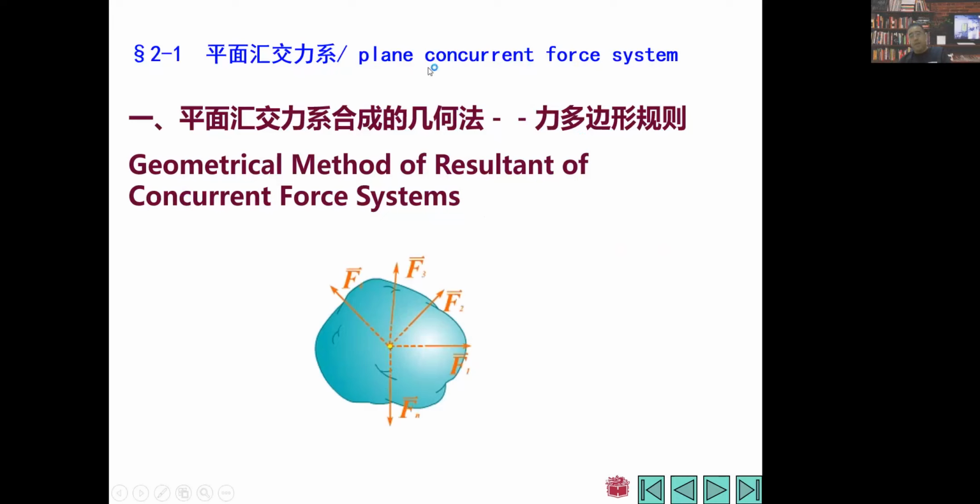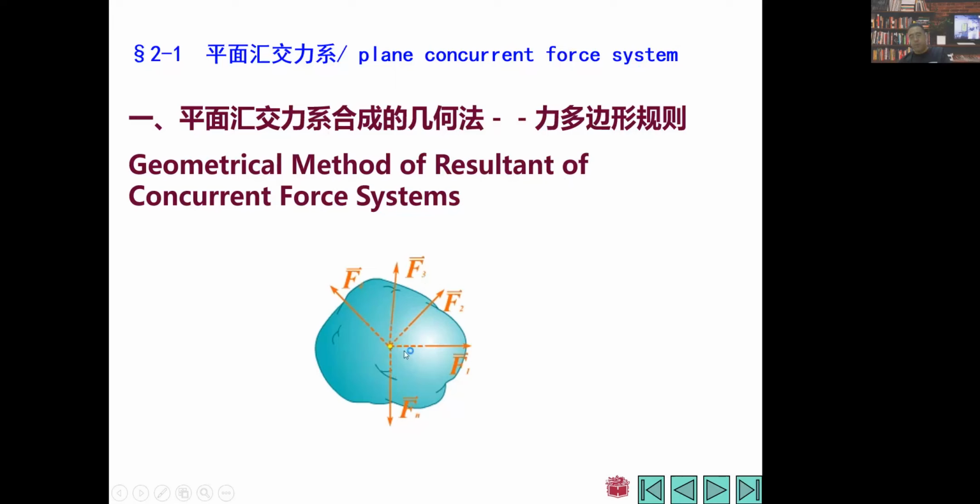That means we have a plane concurrent force system. A force system means we have a lot of forces, F1, F2, F3, up to Fn, right? A lot of forces constitute a force system, and they have a special characteristic that they all have a common point.